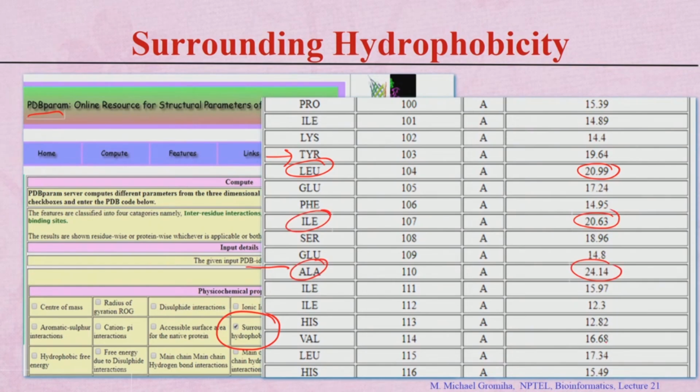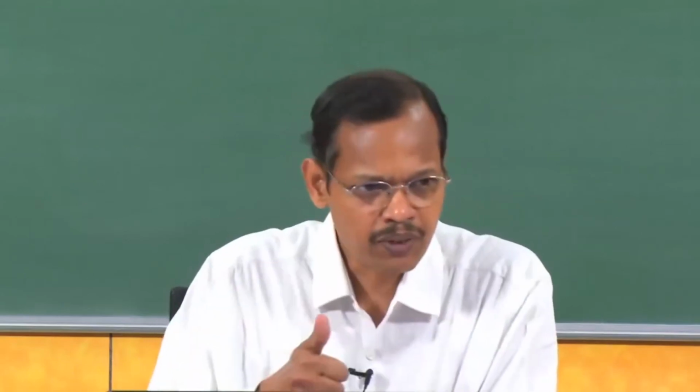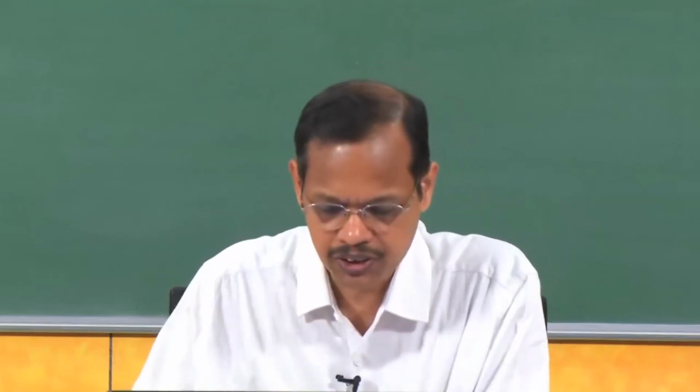So, these residues, 104, 107, 110, are high in hydrophobicity. These values will tell you which residues have more contacts and which residues are enriched in surrounding hydrophobicity in the protein environment. So, now we have one parameter, the surrounding hydrophobicity, which you can calculate from any 3D structure.